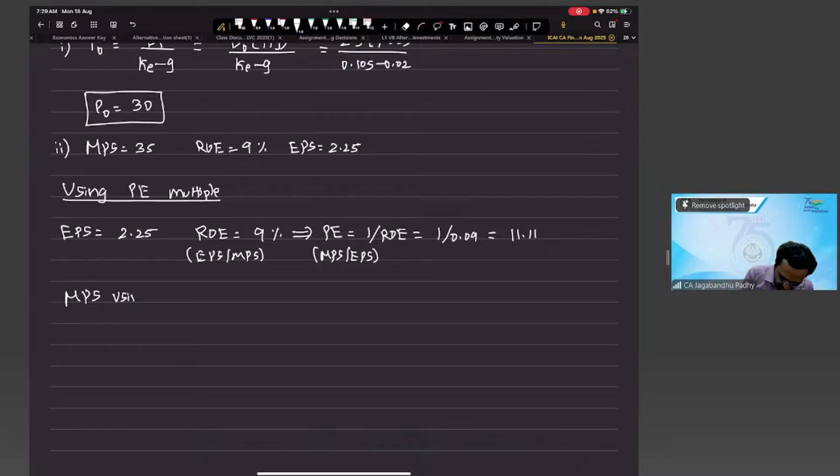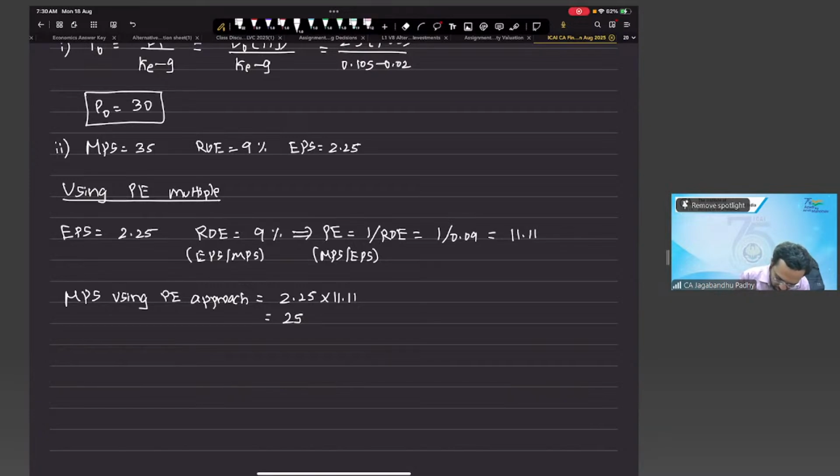So MPS using the P approach, that is 2.25 into 11.11. So how much is it going to be? 25. So the value of the share is 25, but the market price is 35.